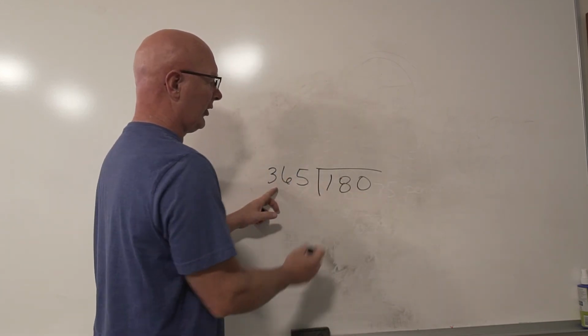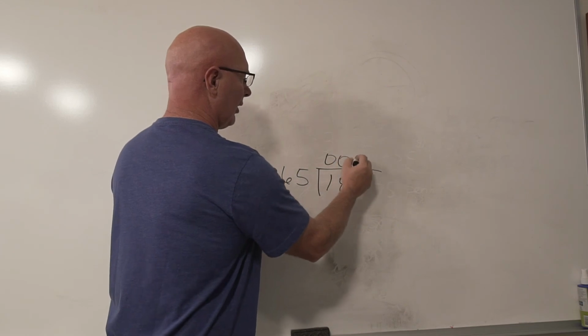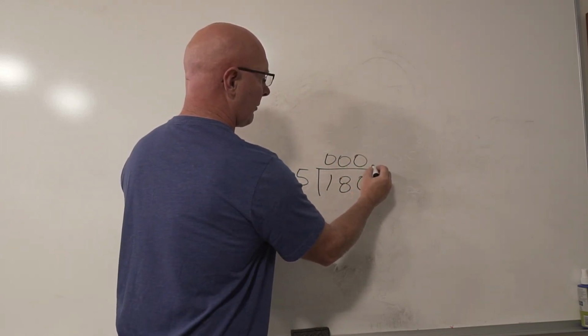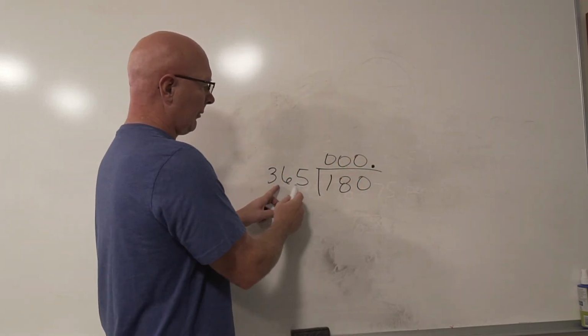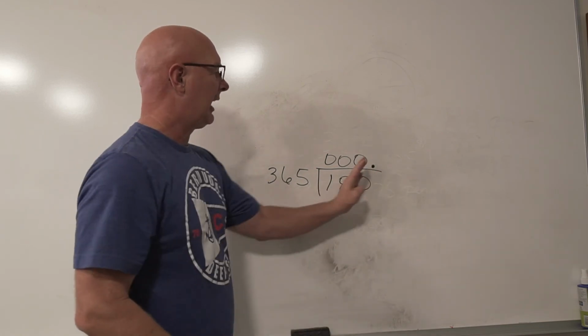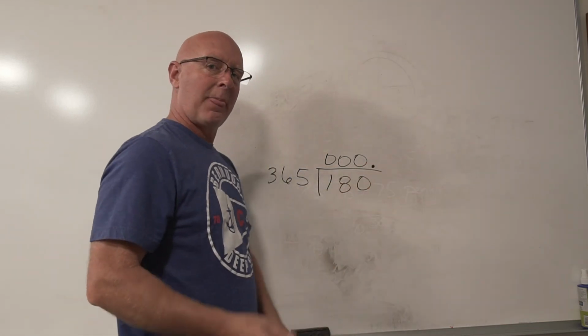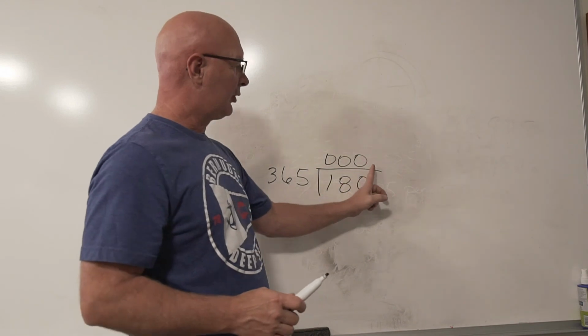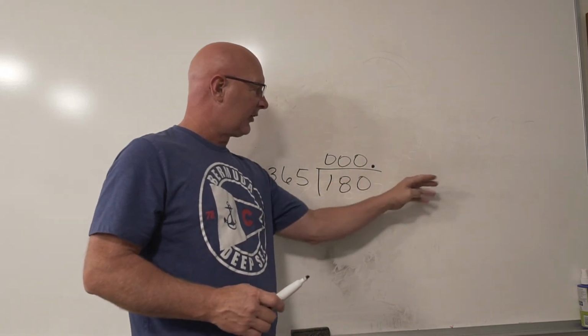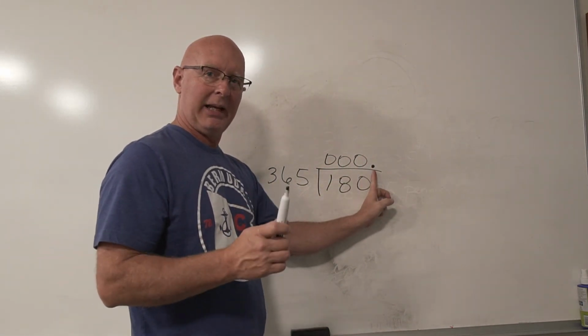365 won't go into 180 at all. So this is going to be 0, and now I'm going to have to add my point. And then I'm going to start having to put on decimals out here on the end. Well, think about that. I already told you that everything on the right-hand side of that point represents a penny.